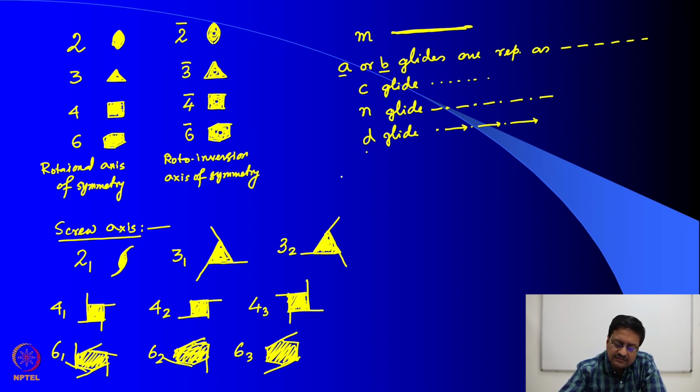So, to understand this glide, let us try to draw some asymmetric object. Suppose I draw a triangle like this. If I have a mirror plane, the triangle will be reflected here.